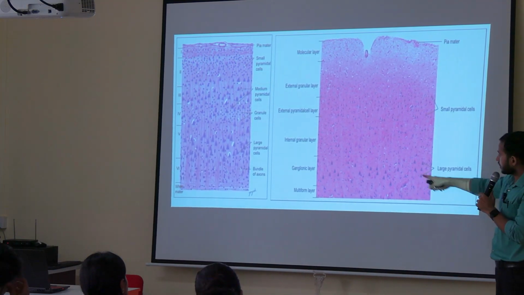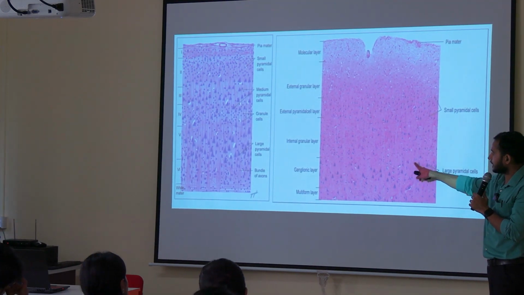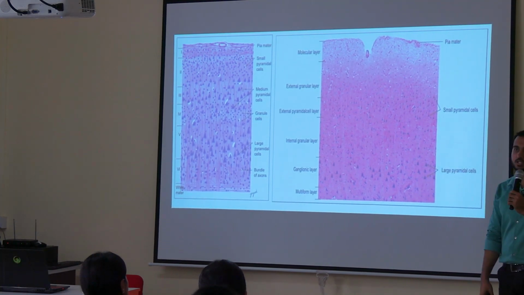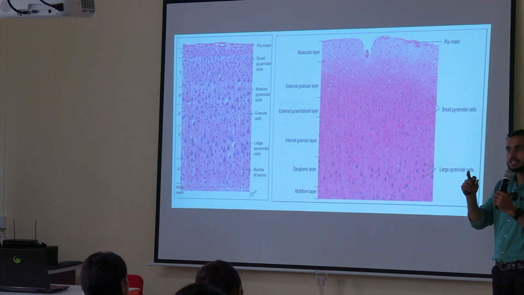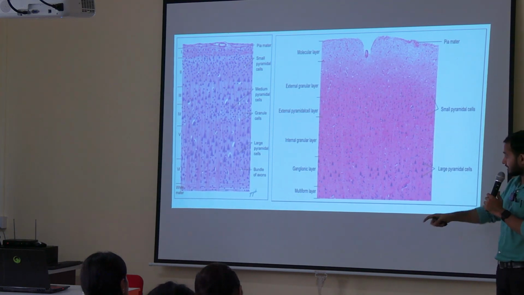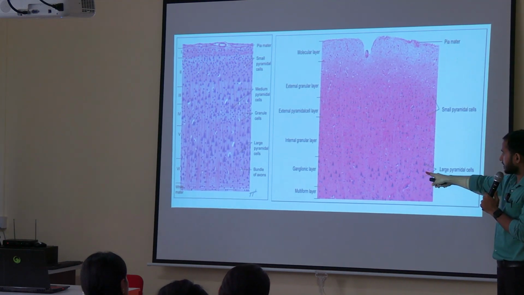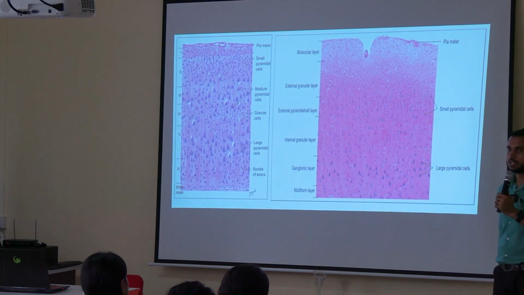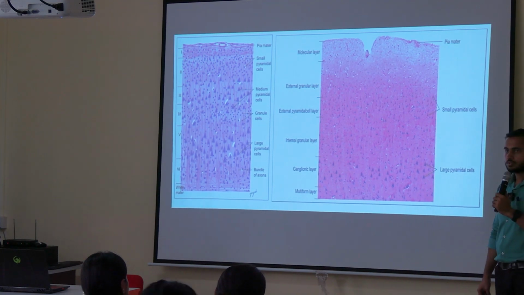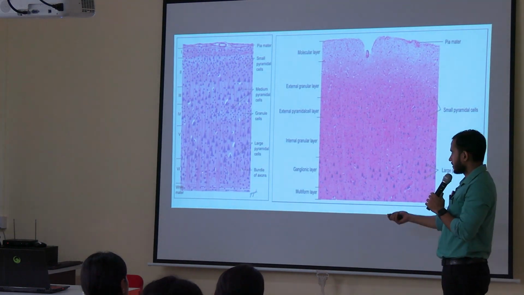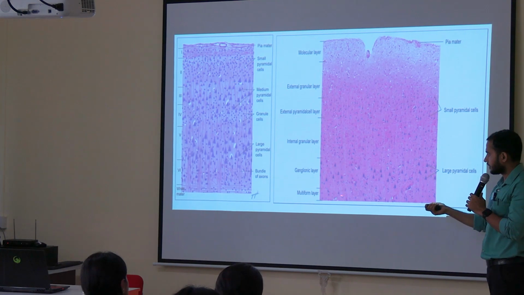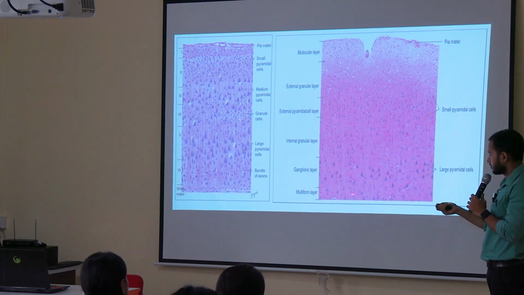So these small dots are nothing but the granule cells. But pyramidal cells are larger cells and can easily be seen. Look, these are the large pyramidal cells present in the internal pyramidal layer. And lastly, this is the multiform layer. In the multiform layer, different types of cells are present.